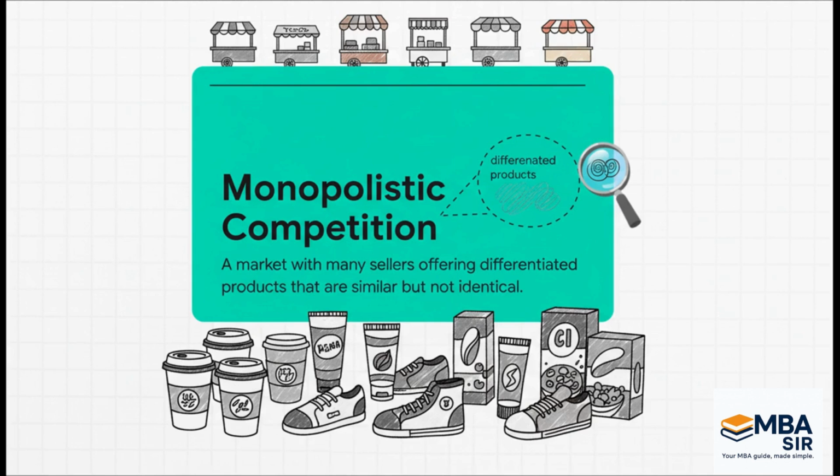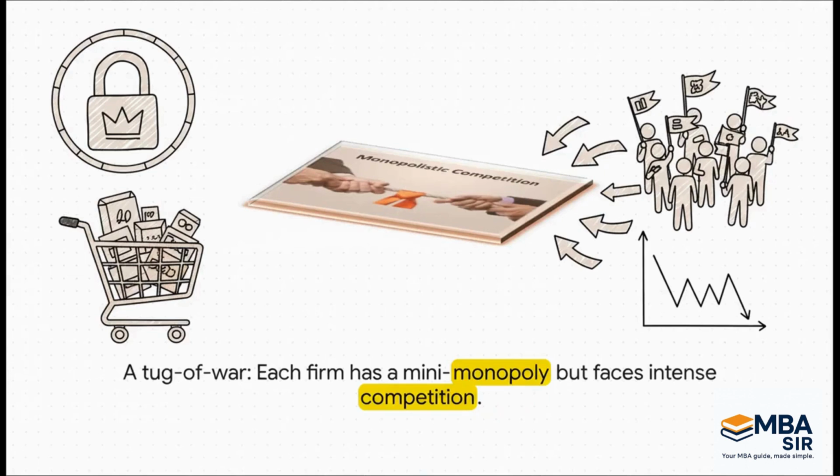They're similar, but they're not identical. This image of a tug of war is just perfect. It's exactly what's happening. On one hand, each company has a little mini monopoly on its own specific brand, thanks to things like advertising and brand loyalty.